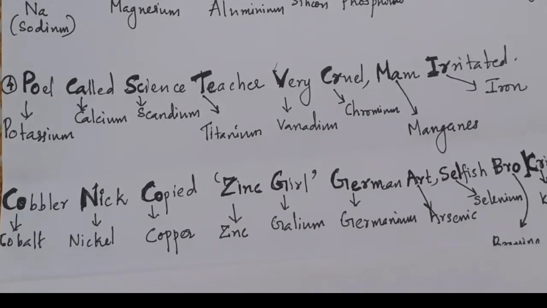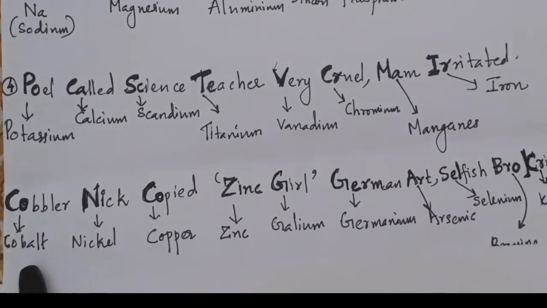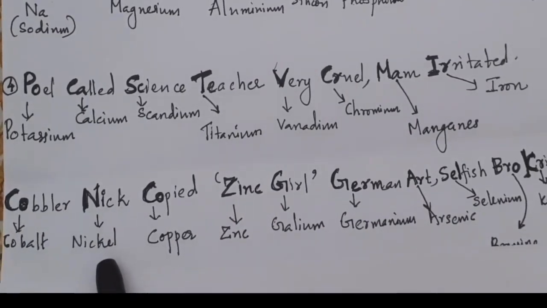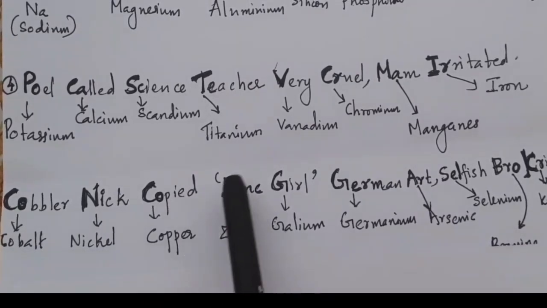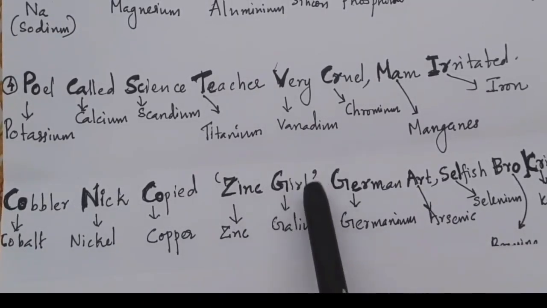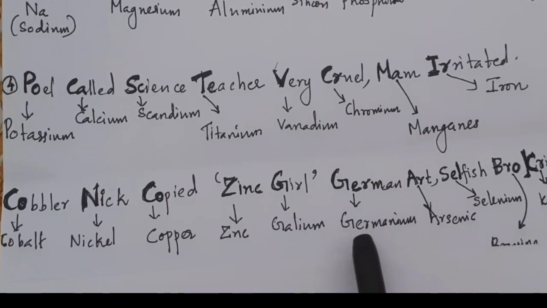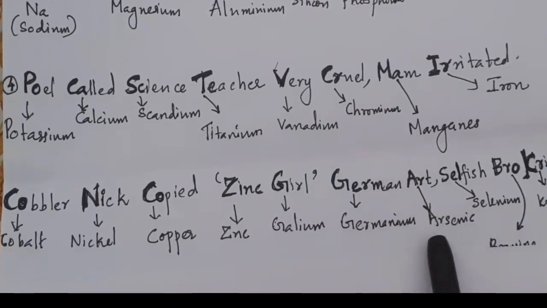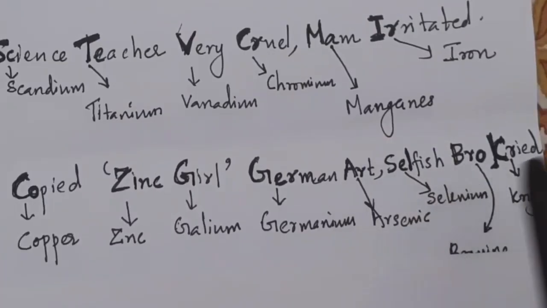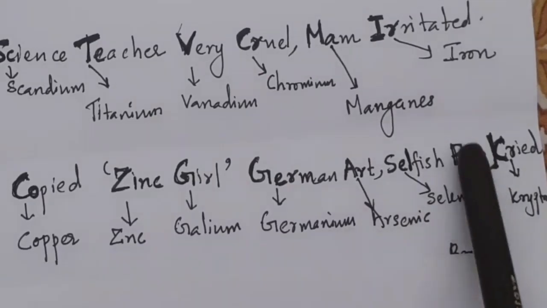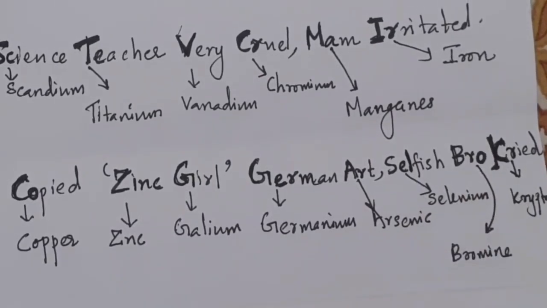So the sentence is: Cobbler Nick copied zinc girl German art. Selfish brother cried. Cobbler represents cobalt, Nick for nickel, copied for copper, zinc is the same as zinc, girl for gallium, German for germanium, art for arsenic, and finally selfish for selenium, bro for bromine, and cried for krypton.